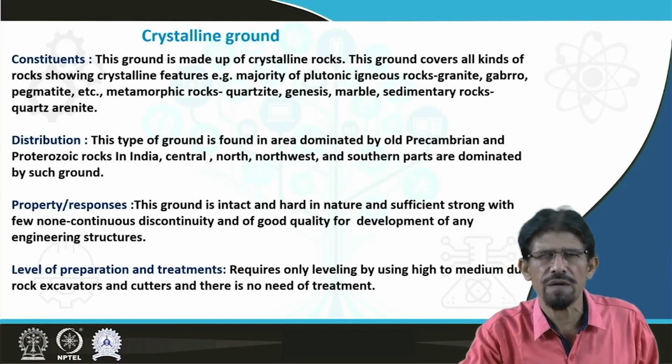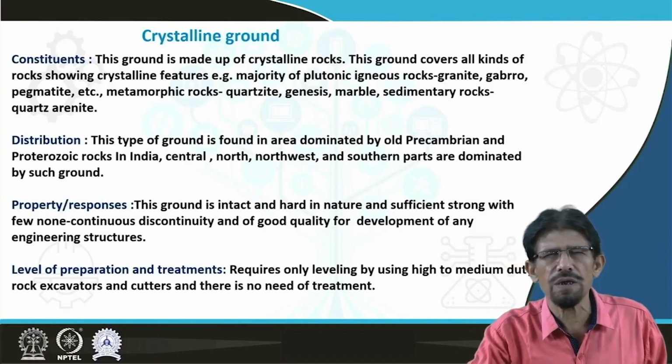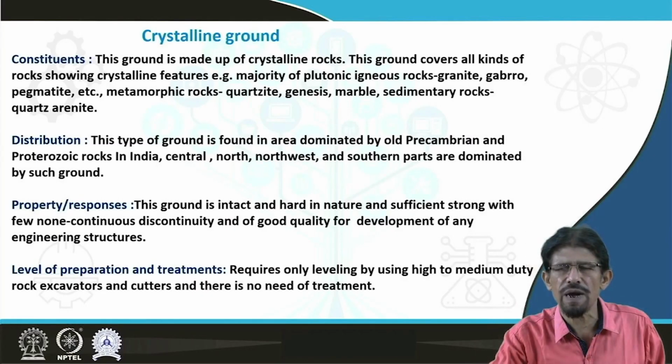a crystalline ground. This type of ground is mainly distributed in the area covered by plutonic igneous rock, covered by sedimentary rock rich in quartz and showing arenite type of arrangement, then metamorphic rock rich in quartz and rich in silica dominating materials.